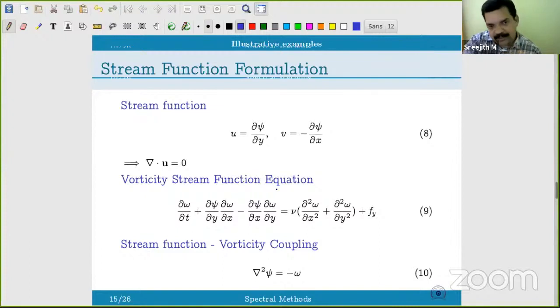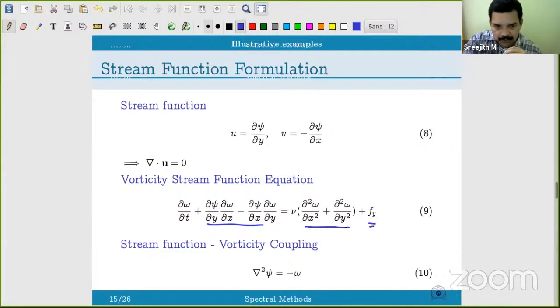If you use that, you get the formulation ∂ω/∂t + ∂ψ/∂y ∂ω/∂x − ∂ψ/∂x ∂ω/∂y. This is the convection term, and ν times ∂²ω/∂x² + ∂²ω/∂y² is the diffusion term, plus the forcing term.